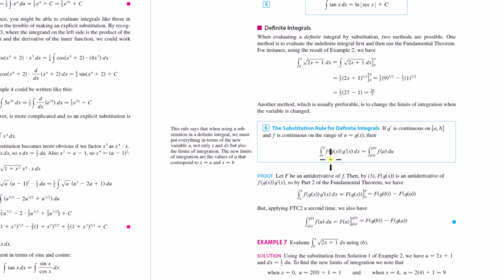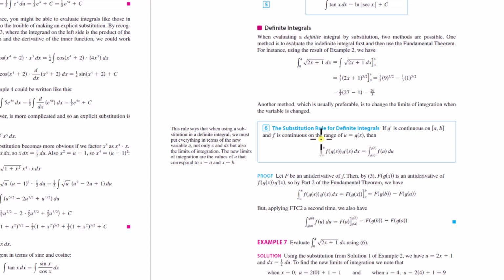So what you do is you have a definite integral, and you need to use substitution. When you substitute for the new variable u, you find u, then you get the differential of u, and then you make the substitution. So now you've eliminated the x variables and the dx, and you have just u and du.